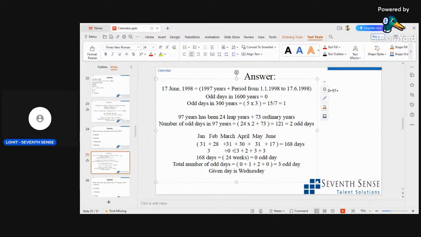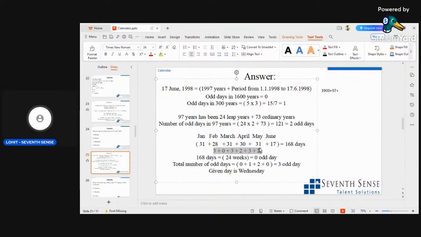So 3 means January, 0 means February, 3 means March, 2 means April, 3 means May, and 3 means June. How did I do this? 31 divided by 7, the remainder is 3. 28 divided by 7, the remainder is 0. 31 divided by 7, the remainder is 3. 30 divided by 7, the remainder is 2. 31 divided by 7, the remainder is 3. 17 divided by 7, the remainder is 3.